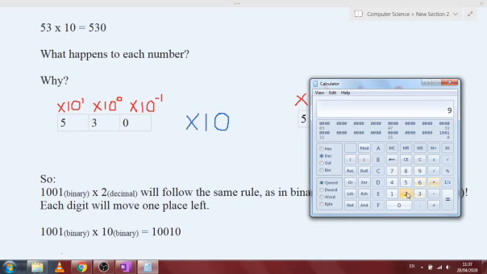Then we can multiply it by 2, all in decimal. That will bring us to 18. And then we can convert it back to binary, and you see we get the answer here, 10010. So this shows that it's correct. Again, 2 in decimal you would write as 10 in binary.